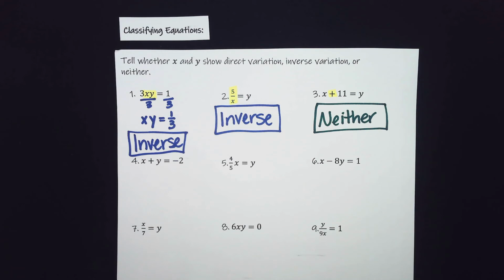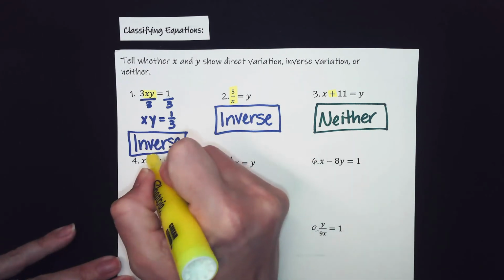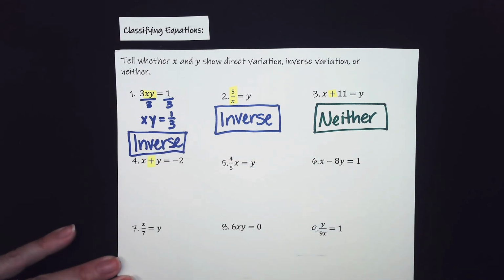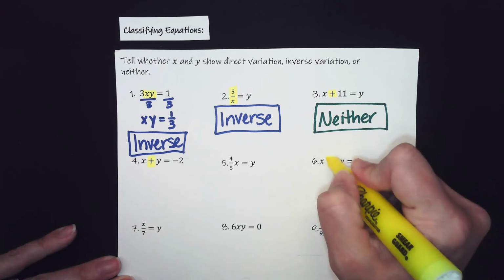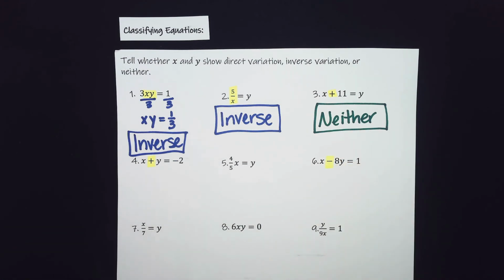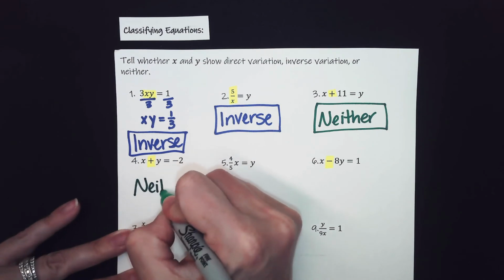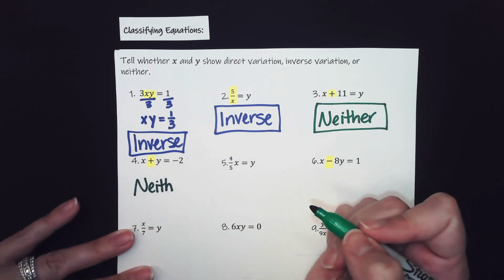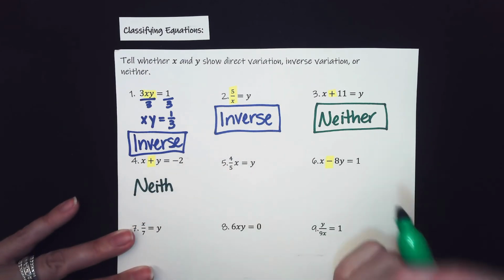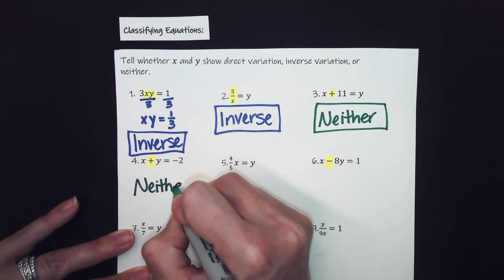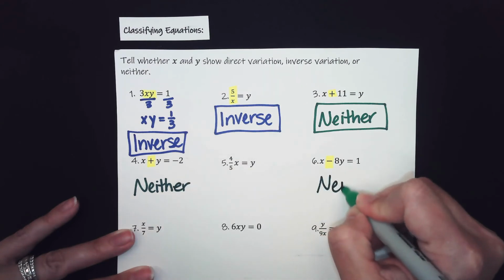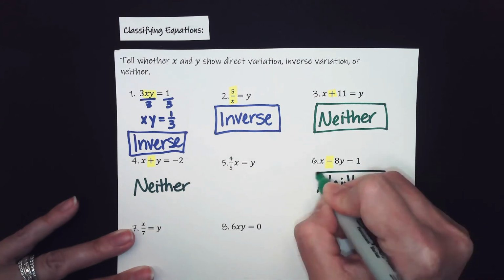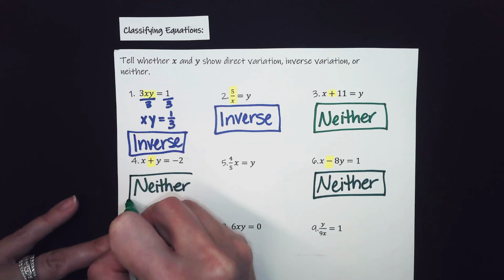And again, number 4 has a plus sign. You can continue on any of them that has addition or subtraction. So number 6 also has subtraction. Those ones are all neither. They are not inversely related or directly related. So I can go ahead and just answer all of the ones that have a plus or a minus.